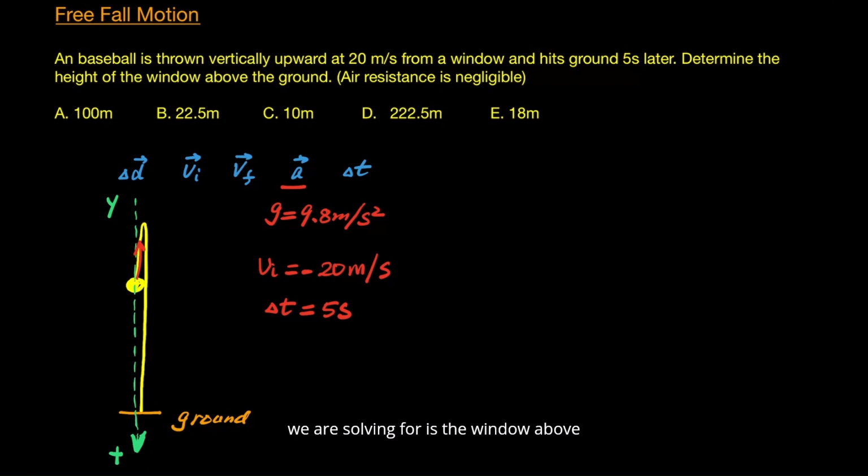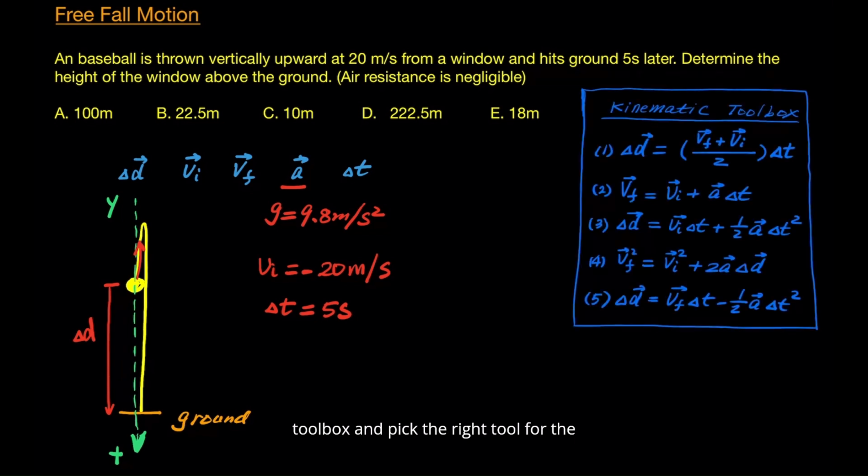What we are solving for is the height above the ground, or in other words, the initial height of the baseball, which is the displacement from the initial position all the way to the ground, which is the final position. So this is delta d. Now let's bring out our kinematic toolbox and pick the right tool for the job. Let's check these kinematic equations.